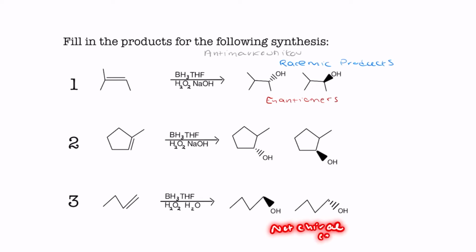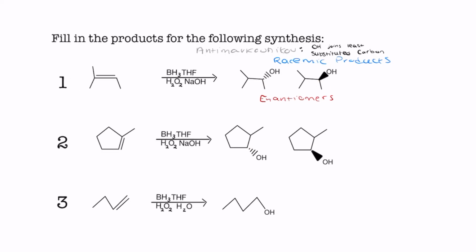And so it doesn't matter if we draw their alcohol groups on a wedge or a dash. Essentially, this is the same product. And so we could just resort to drawing our product like this, since this right here is not a chiral carbon. In contrast, these carbons are all chiral here, because they're attached to 4 different groups.